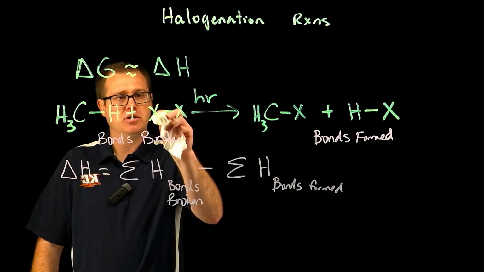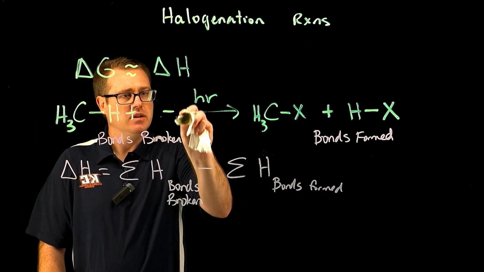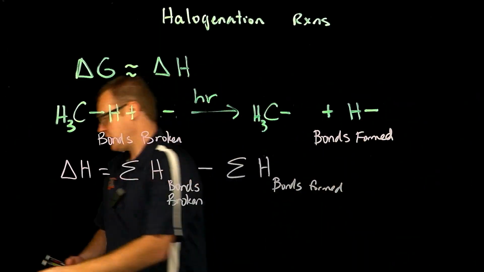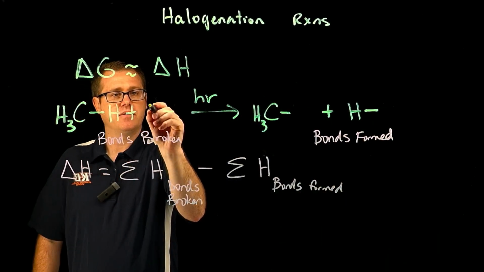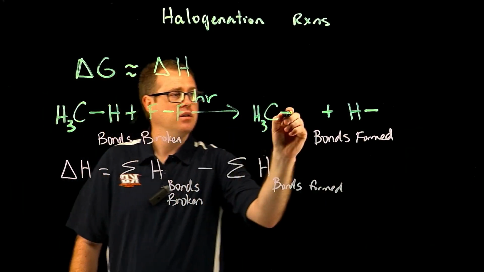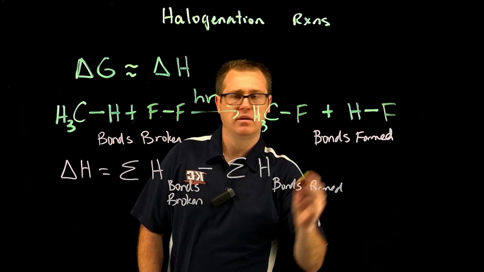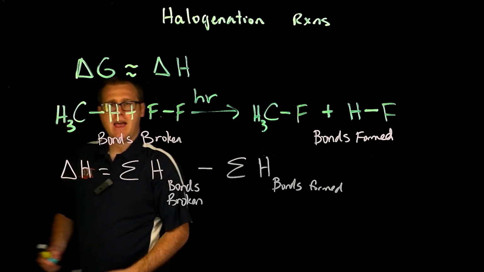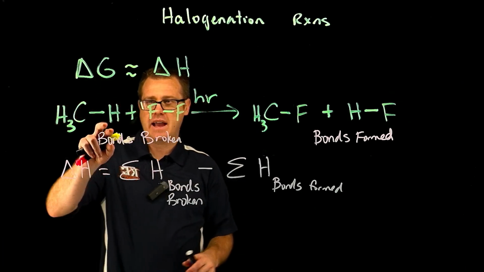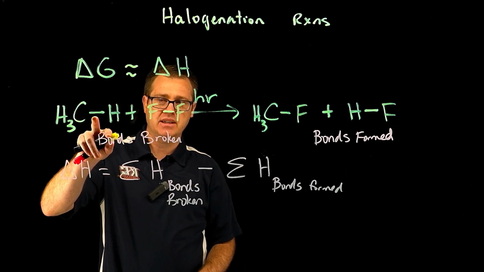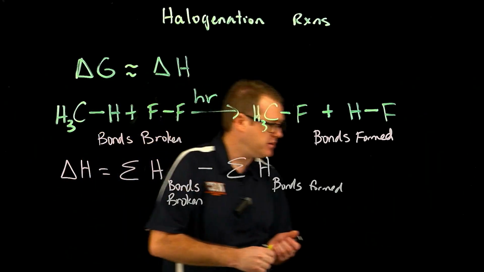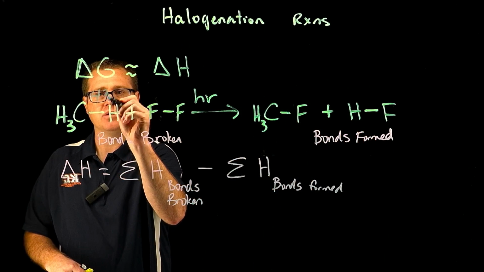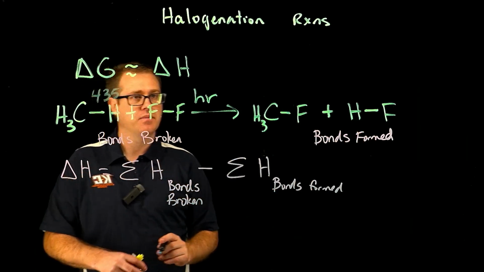So the ones that I want to look at, let's take a look at fluorine. So I'm going to replace those with fluorine. And so I go to the bond association tables and look at the table. It says, how much energy does it take to break this carbon-hydrogen bond? And I look at the table and it's 435 kilojoules per mole.